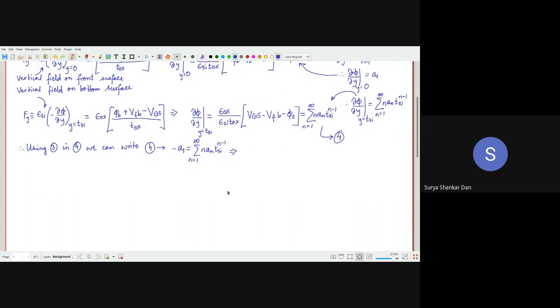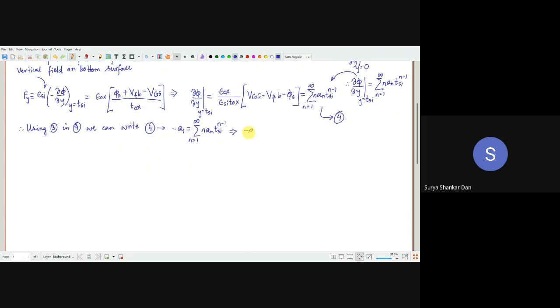What does it imply? Minus A1 is equal to, let us expand this, okay? So n is equal to 1 means 1 A1 tsi to the power of 1 minus 1, that is 0, plus, what is the next term? N equal to 2. So 2 A2 tsi, 2 minus 1, that is 1, plus, what is the next one? N equal to 3.